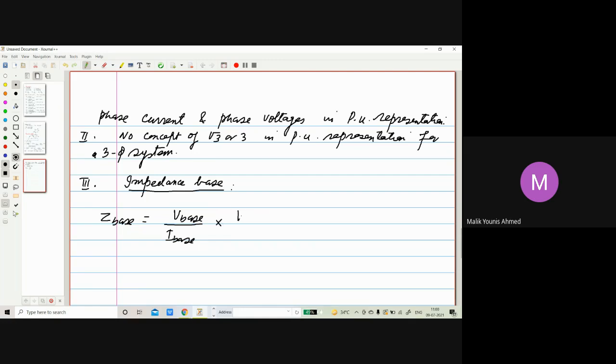So I will multiply this again by V base by V base. So this will be V base whole square divided by I base into V base, which will be S base. That we already know, S base.